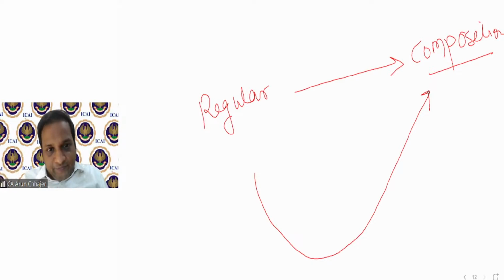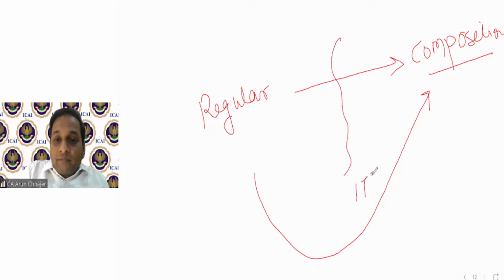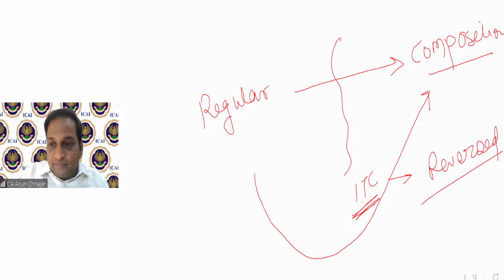The answer is, because composition cannot take the ITC, so ineligible. So whatever ITC you have in your hand, that has to be reversed.